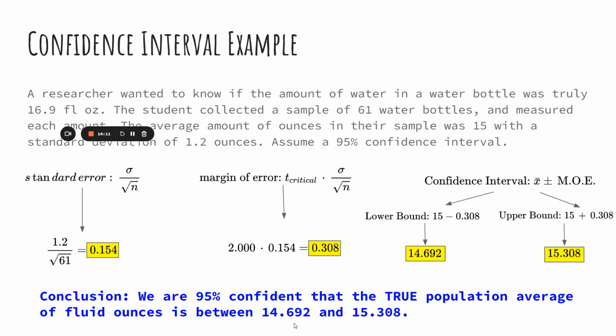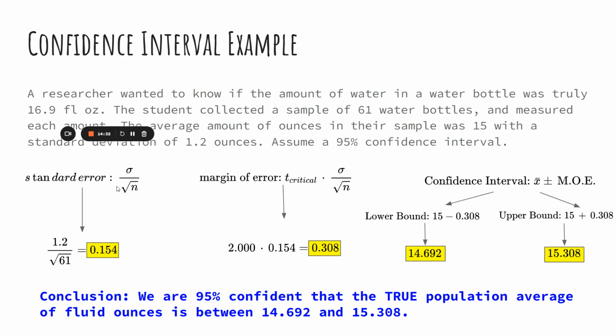So if I'm telling you water has 14.7 to 15.3, it does not have 16.9 fluid ounces, so your machine is broken, your bottle is too small, something is wrong because there is not the correct amount of water in your bottle.